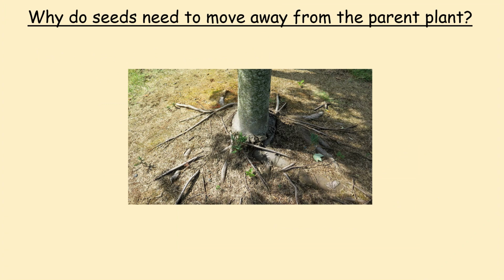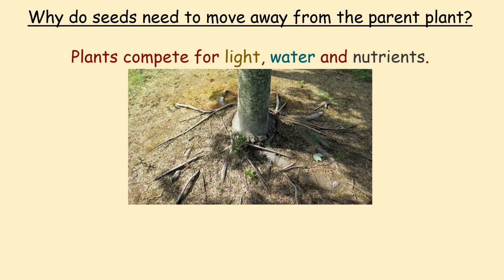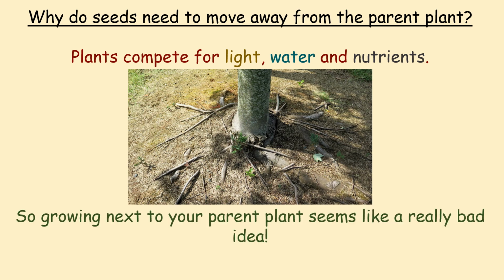So why do seeds need to move away from the parent plant first of all? Plants compete for light, water and nutrients. So growing next to your parent plant seems like a really bad idea because that plant is mature and it's going to be above you, so it's going to be grabbing all the light and throwing shade down below.